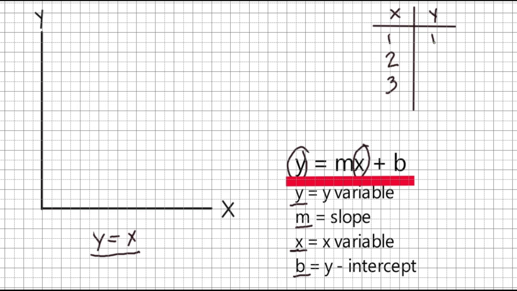If x equals 2, y equals 2. And I'm sure you can guess that if x equals 3, y equals 3. So if we go back to what we previously went over, this is going to be 1, 1; 2, 2; 3, 3. Okay. And these are our points on the graph.